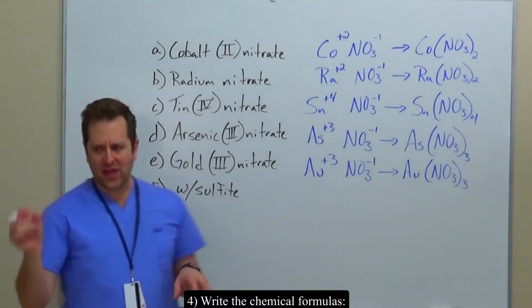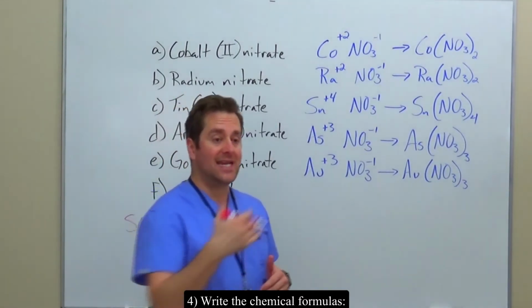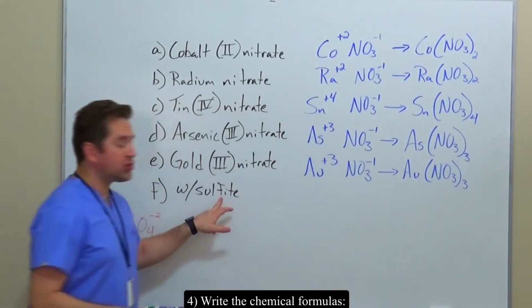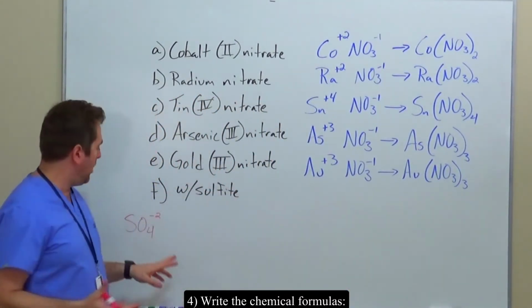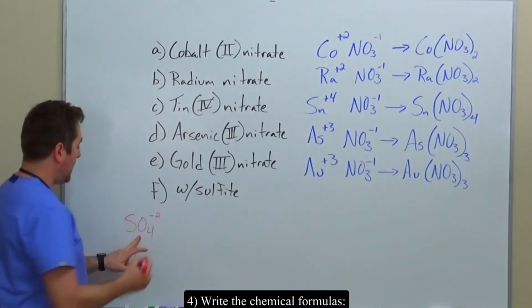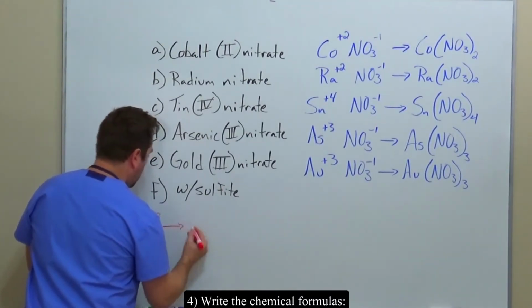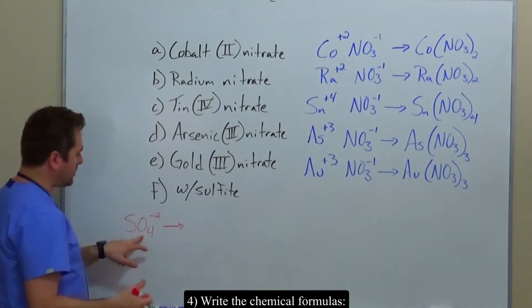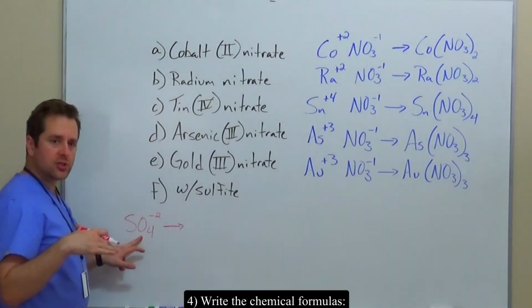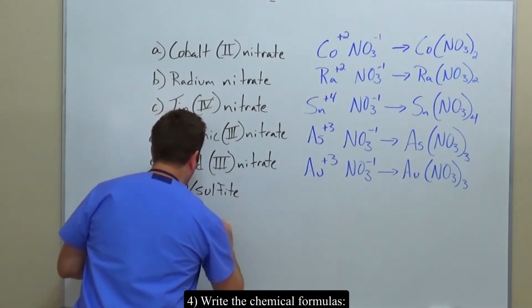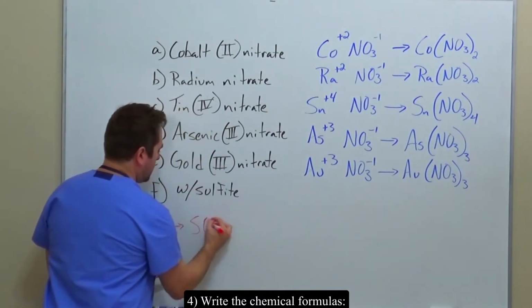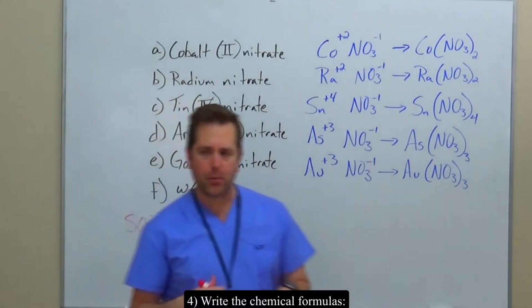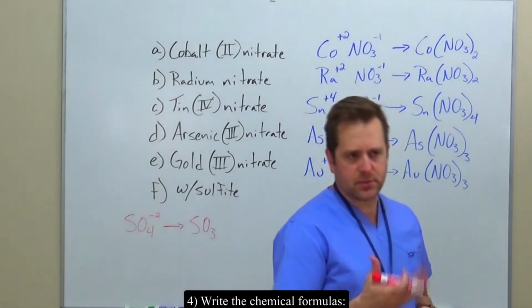But sulfate ends with the suffix ate. We're asked to use sulfite. So what do we have to do as far as our number of oxygens? And if you'll recall from the lecture, all we have to do is strip away one of those oxygens. So it becomes SO3. Now here's where maybe this tricks people up, or people just seem to forget sometimes.